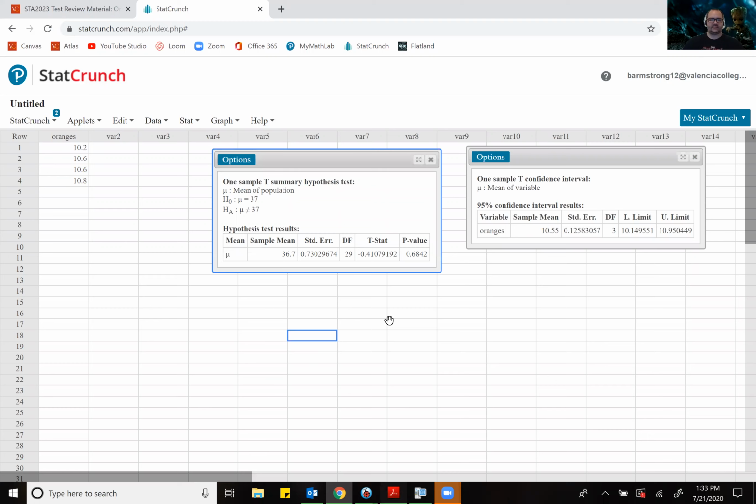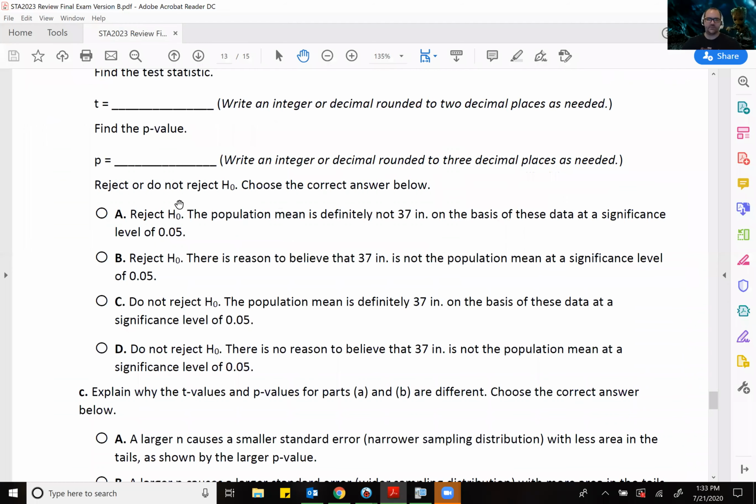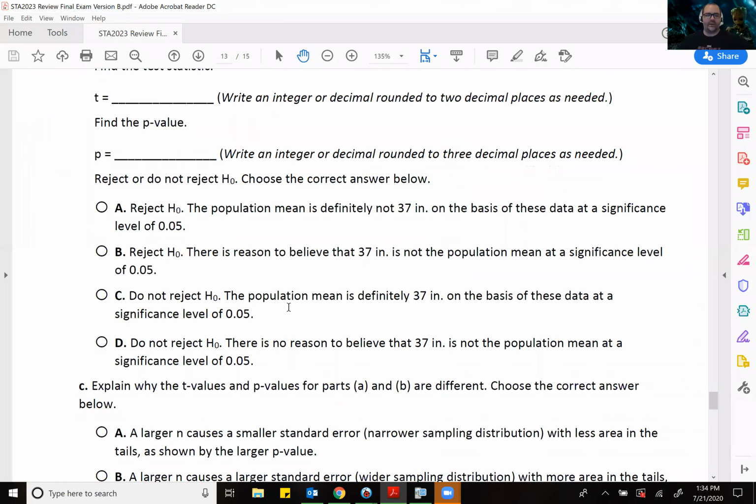Coming back to this, we answered those 2 questions with our rounding, and we're going to fail to reject. So we do not reject. The population mean is definitely, again, it's not. Again, there's just no reason to believe it's not the population mean. So I'm going to go with D for the answer. Do not reject H naught.